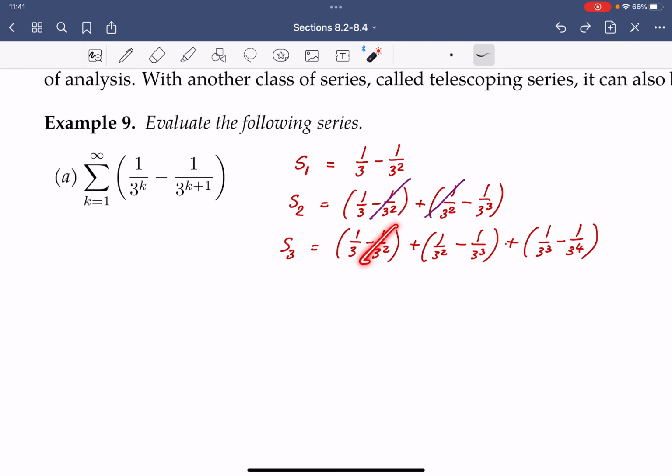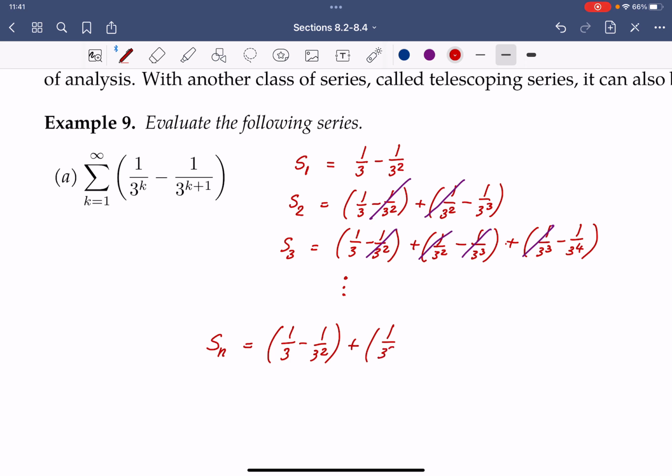It's gonna cancel, right? So if you keep going, what is Sn?